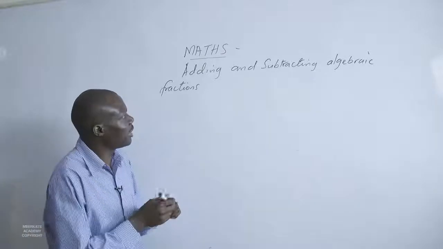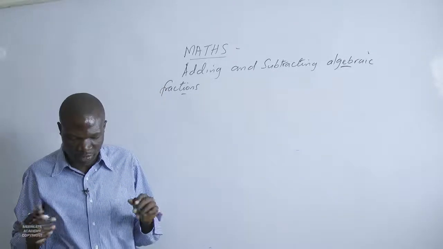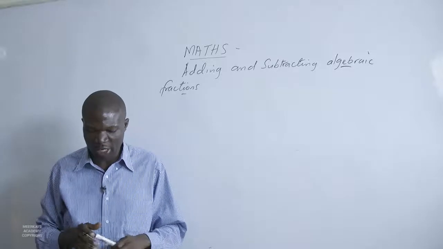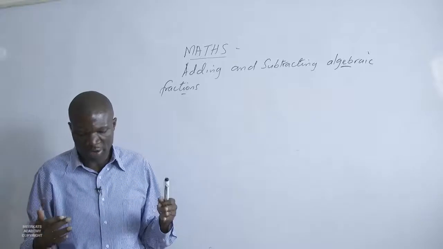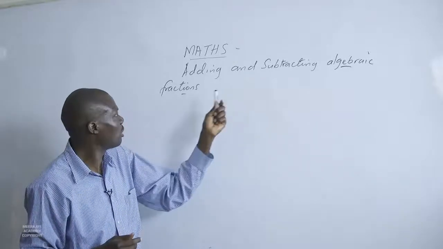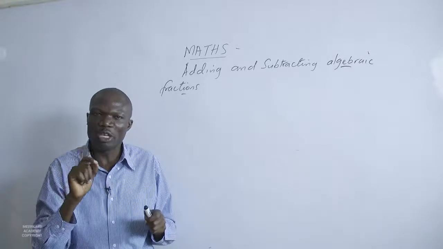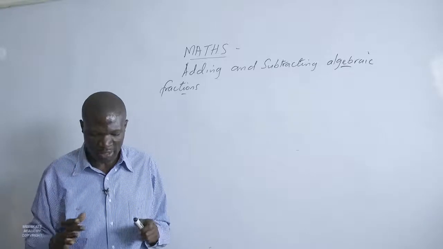First, we need to understand the algebraic fraction by itself. This is simply a fraction with what? With an algebraic expression as the numerator or the denominator. An algebraic fraction is simply a fraction with an algebraic expression as its numerator or its denominator.